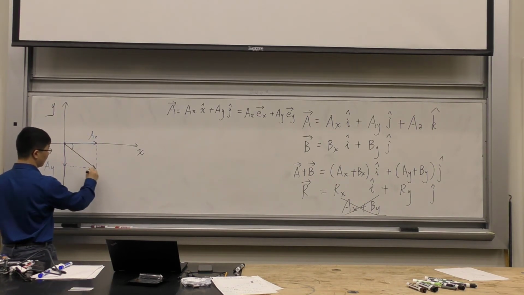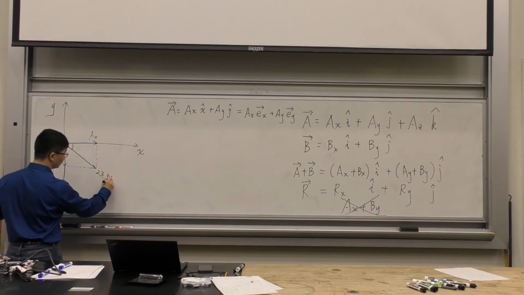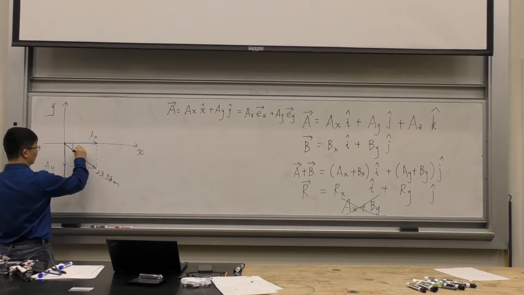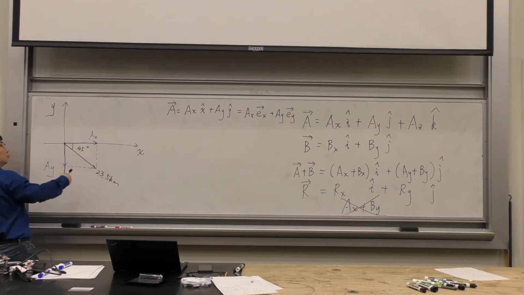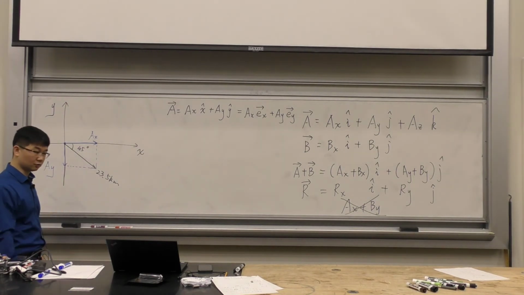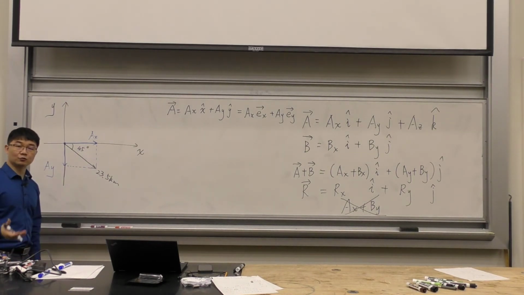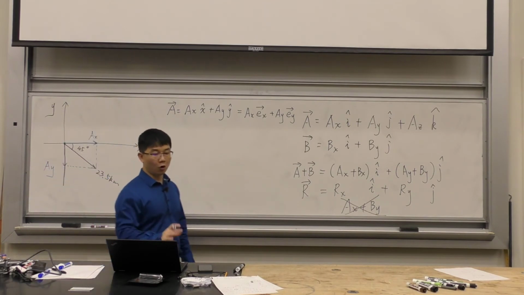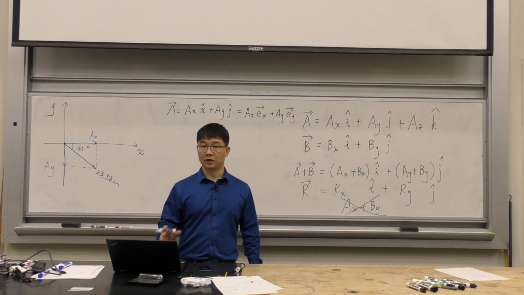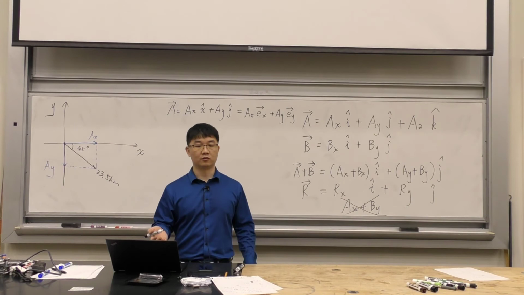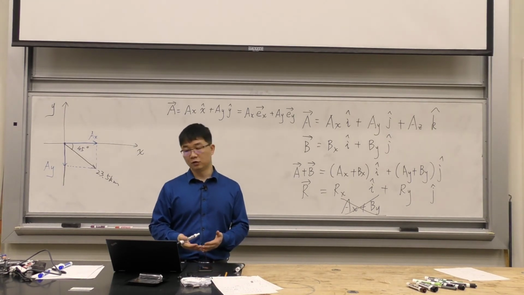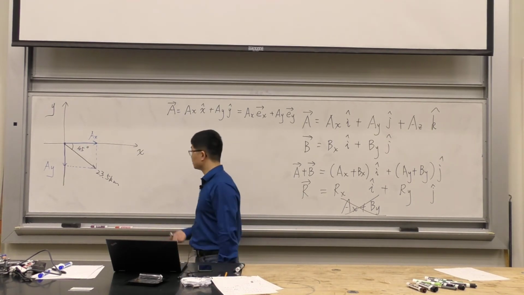So this guy has a length, 23.5 kilometers, and this is 45 degrees. Or if you pick the other angle, you still get 45 degrees, right? So it doesn't really matter which angle you use. You're always going to get the same answer, because the physics doesn't depend on what angle you pick. You just do the math, you will get the same answer.